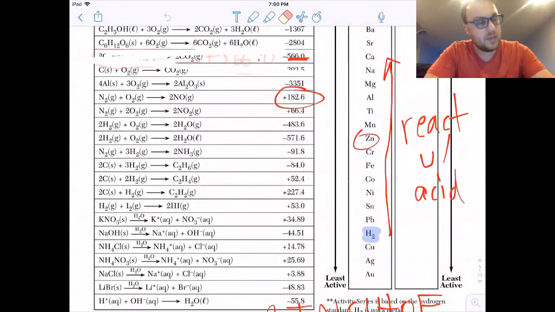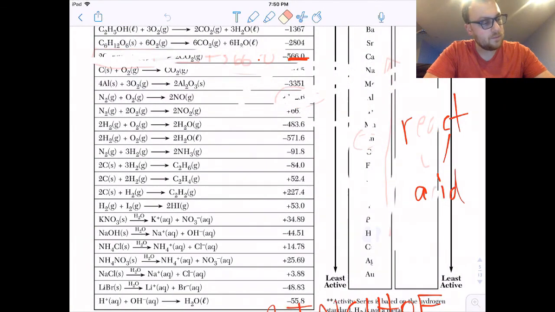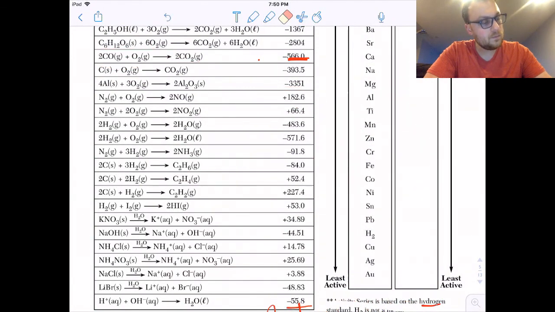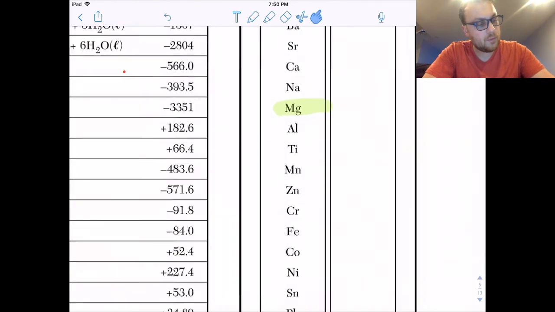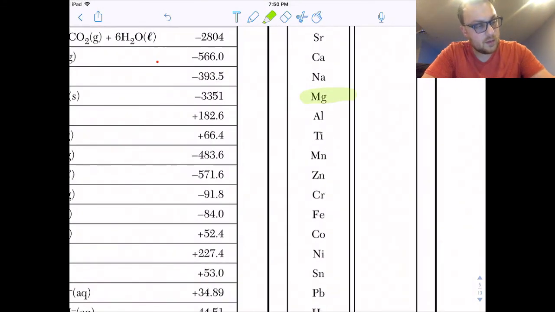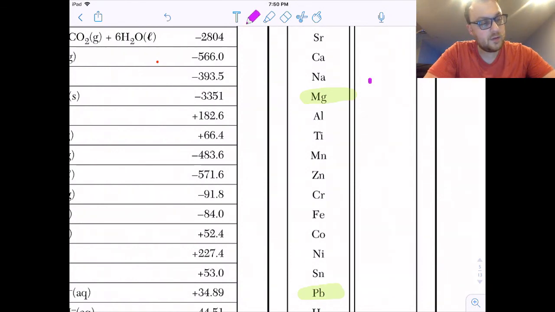So Mg is here, and Pb is here. So whoever is above will get oxidized, and whoever is below will be reduced.